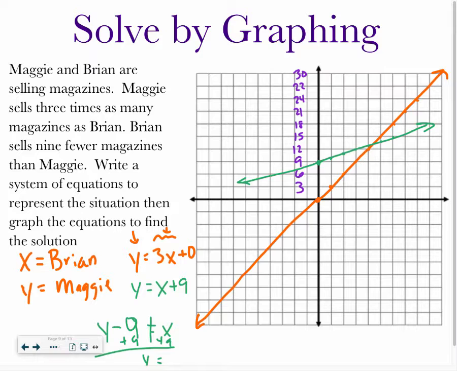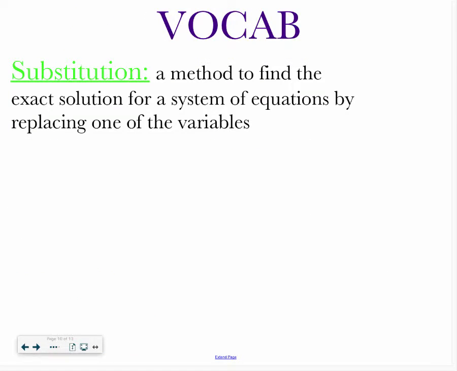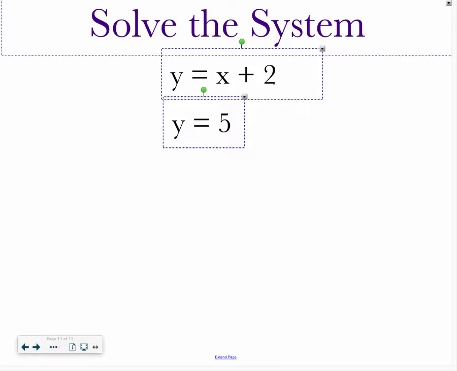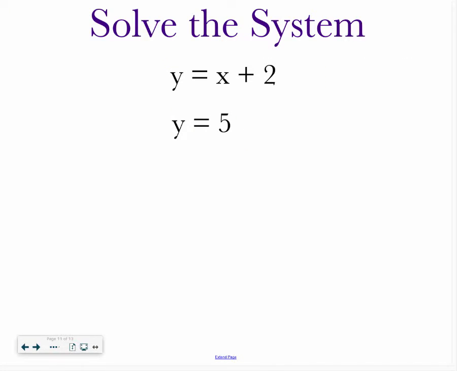Okay? Let's practice a couple other things. What if we are told to use something called substitution? Substitution is a method to find the exact solution for a system by replacing one of the variables, okay? So let's practice that. We have y equals x plus 2 and y equals 5. Whenever you have a variable equals a number, and that same variable is in the other one, all you're going to do is replace it.